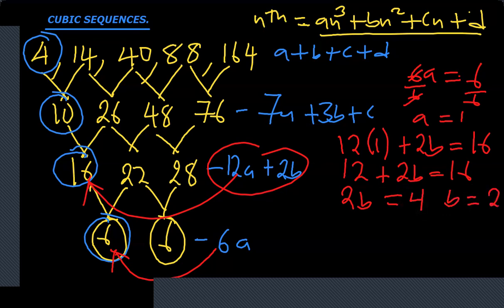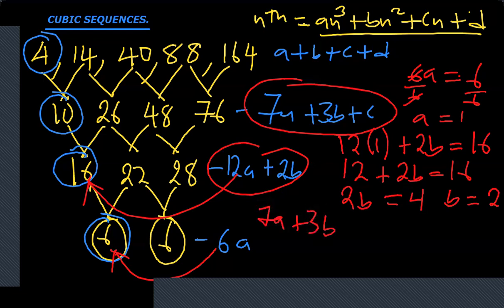So we have b. Now we are looking for c. Now we use this one here, which represents the first difference. So we do the same thing: 7a plus 3b plus c is equal to 10. Now let's substitute in the values we have.